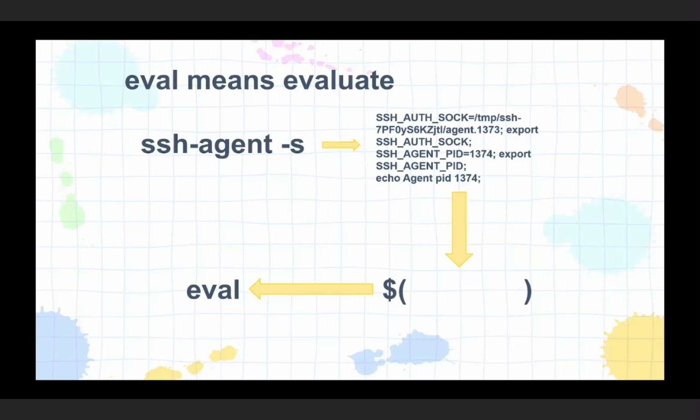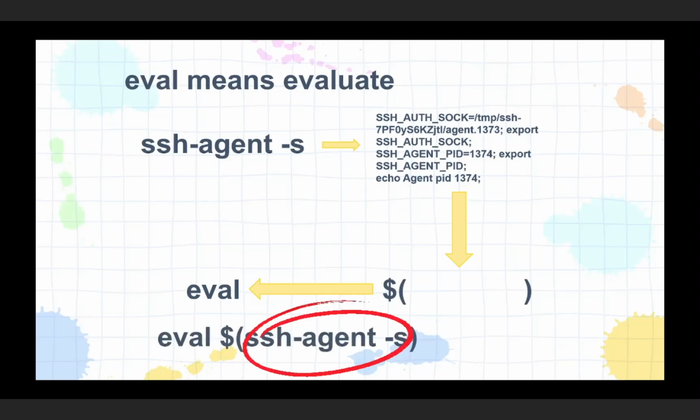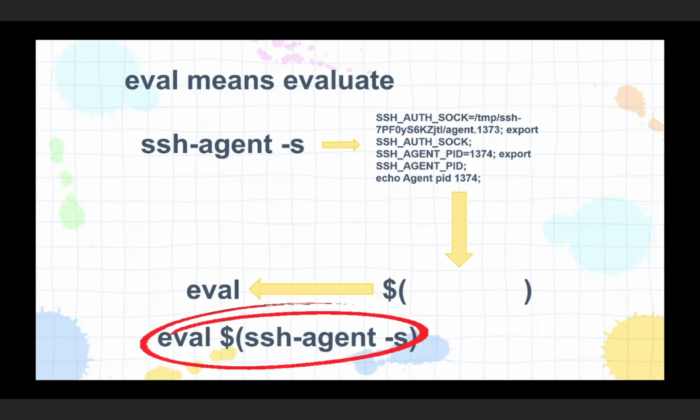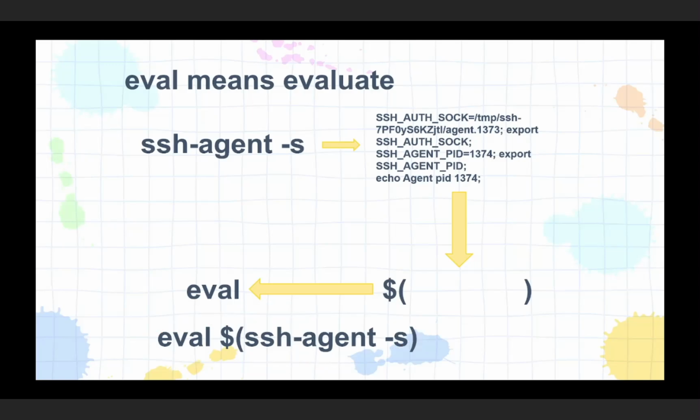So the shell knows how to prepare something for your key assistant, ssh-agent. In plain English, run this little command first, grab whatever it says, and then plug it into the outer command, eval. So eval executes the output from the ssh-agent.